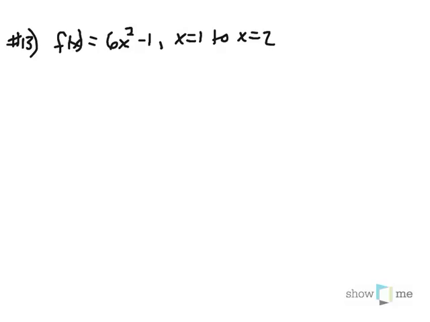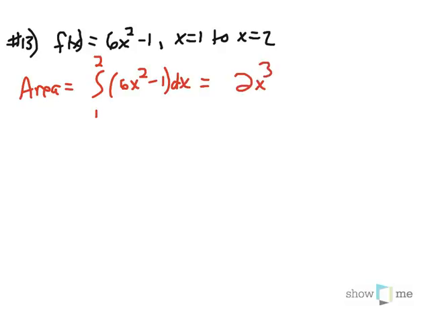Well, the directions were to find the area under the curve from 1 to 2. So to do that, we're going to integrate. To find the area, we're going to integrate from 1 to 2 this function, 6x squared minus 1. We're going to find the antiderivative and then evaluate it from 1 to 2. 6x squared would be 2x cubed.